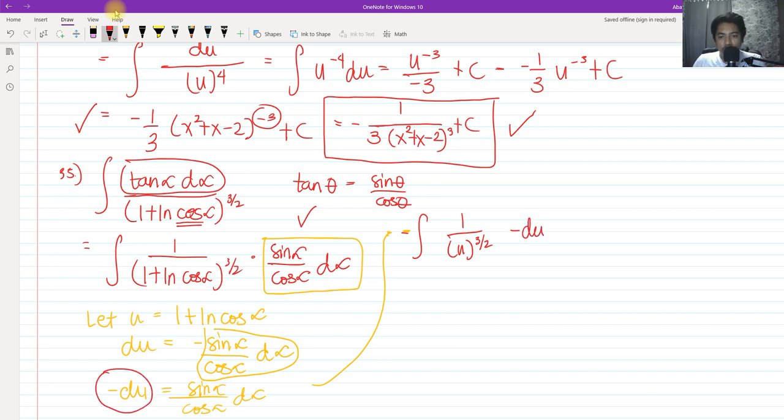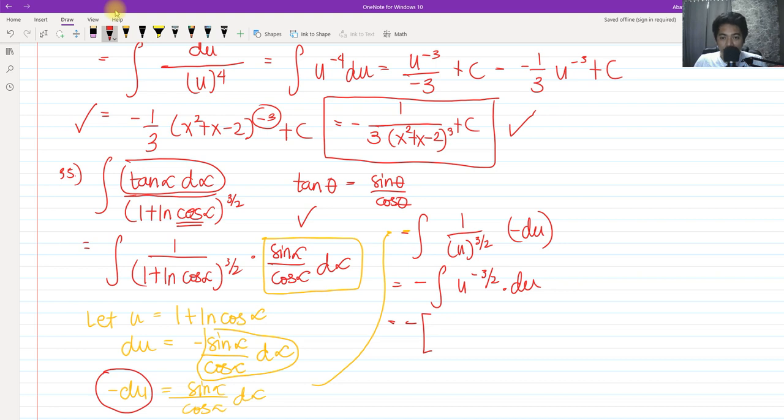I can factor the negative outside of the integral sign, and get the reciprocal. By properties of exponent, I can negate the exponent and make this u my numerator. So we have u raised to negative 3 halves multiplied by du. And voila, that is simply the power formula.